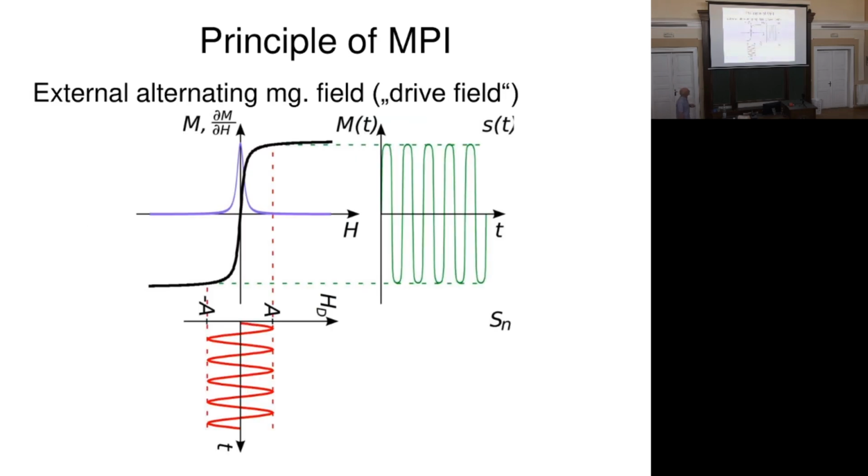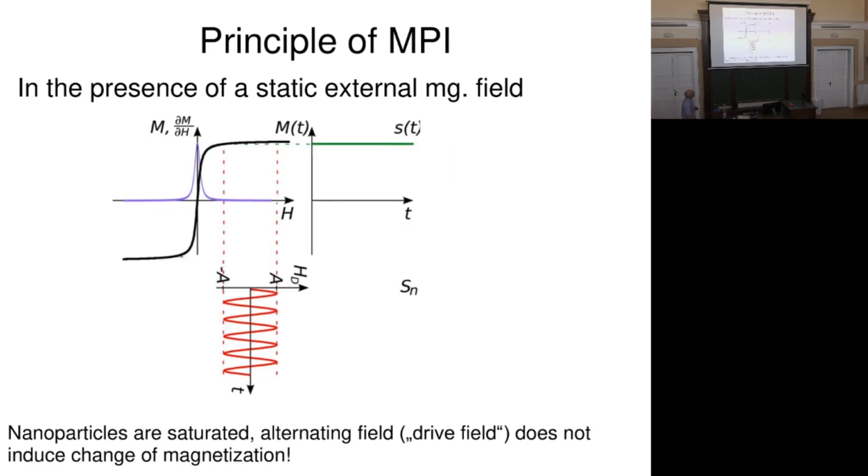We excite the sample, which means that we change the magnetization along the Langevin function, and we can record the signal.